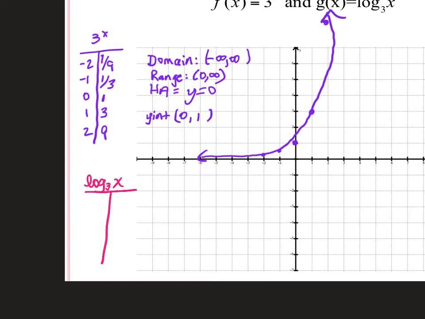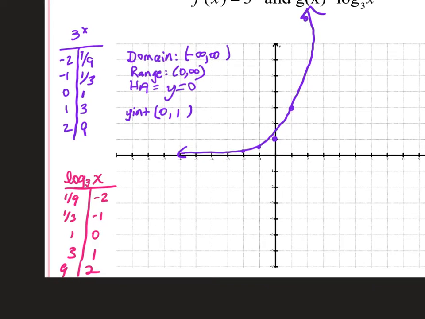So all you would do is say, okay, at 1/9 x value, I'm at -2. At 1/3, I'm at -1. At 1, I'm at 0, at 3, 1, and at 9, 2. So if I was going to graph this, at 1/9, I'm down here at -2. At 1/3, I'm at -1.